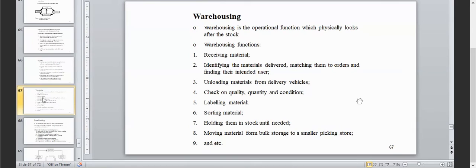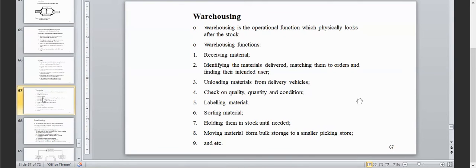And there are a number of activities under the warehousing. So right now we have the growth of third party logistics and warehousing in Malaysia. So we can find a number of third party logistics and warehousing services provided by companies.